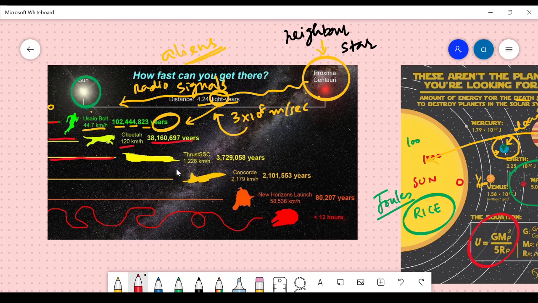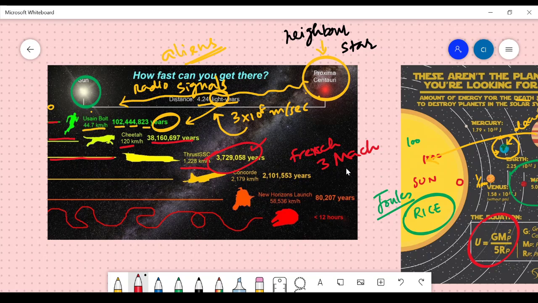You have this aeroplane, the Stratus, which travels at about 1,228 kilometers per hour. It will take 37 lakh 29,058 years. Then the Concorde, the French aircraft which was flying at twice, thrice the speed of sound.